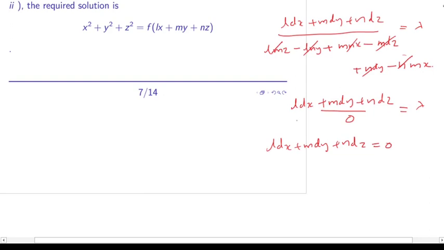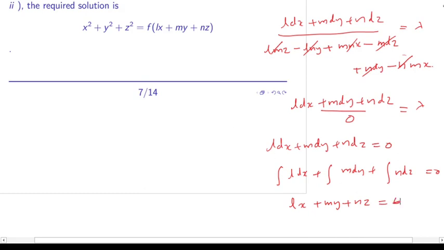Okay, so integral L dx plus integral m dy plus integral n dz equal to 0. That means Lx plus my plus nz equal to any constant b.